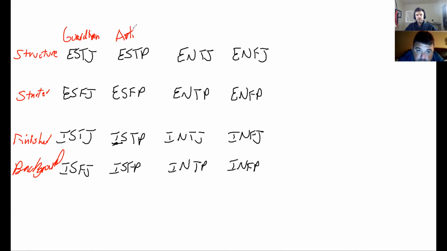So artisans, intellectuals, and then the idealists. Okay, so this is a standard type grid. Now, granted, we have communication styles as the first vector.